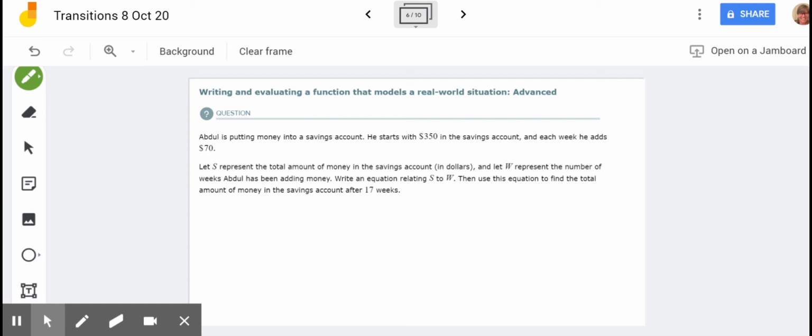Okay, so here we go. Abdul is putting money into a savings account. He starts with a certain amount of money, and each week he adds a certain amount of money. Okay, the cool thing about these problems is there are limited types of math problems: distance equals rate times time problems, falling objects problems, area problems, and money problems like with savings.